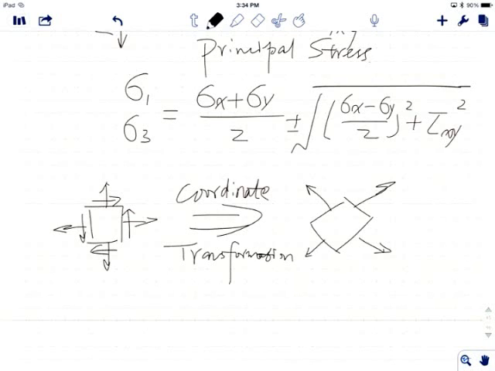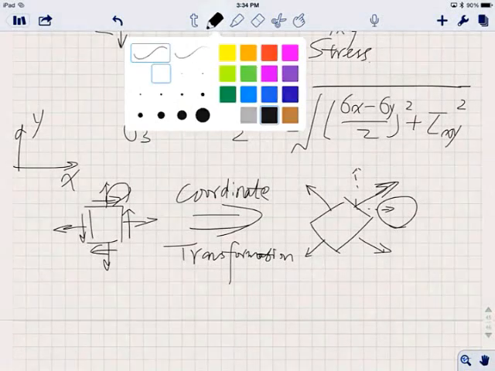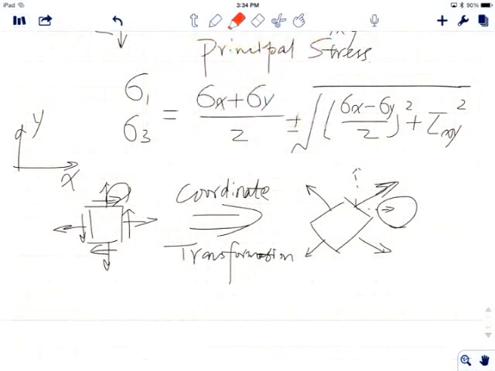Why? Because this stress can be divided into two components, x and y. And shear stress is nothing but a stress applied in the x direction. This stress and this stress act in the x and y directions, and they are one pair of stress, which we call shear.